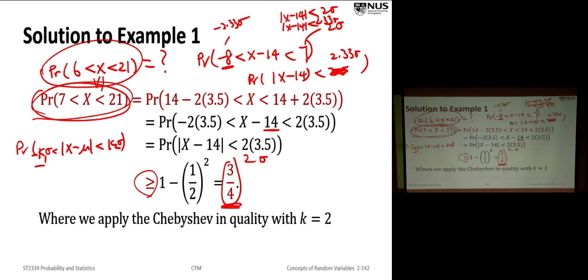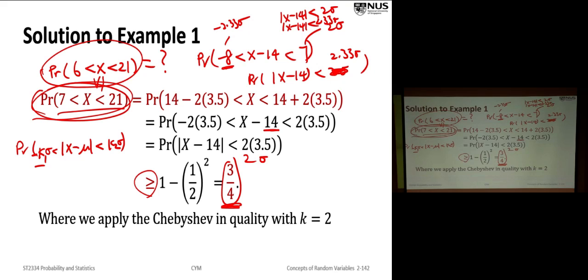Yours is from 7 to 21. Mine is from 6 to 21. I have a larger range. I don't know whether it's non-zero probability, but it must be bigger, at least what you have, because this is a subset of here. So this one is bigger than this one, so it's bigger than 3/4. So at least I can tell you, what you asked for, I don't know, but I know at least it's equal to 3/4.